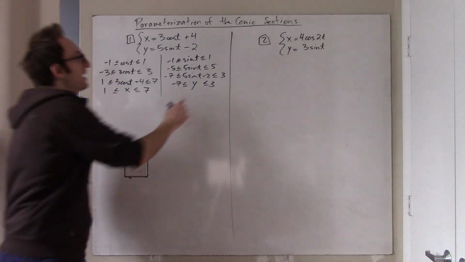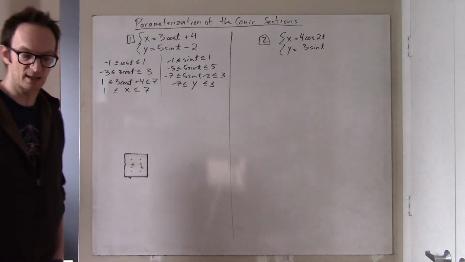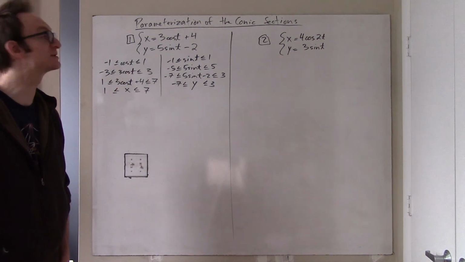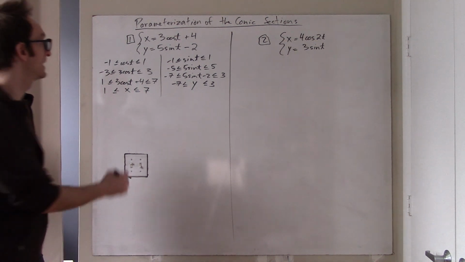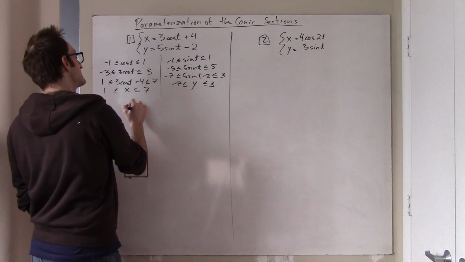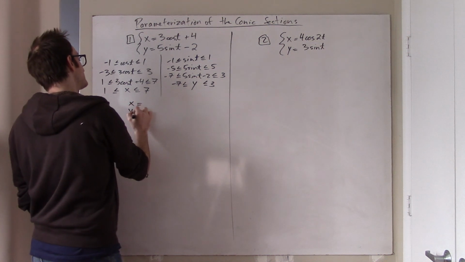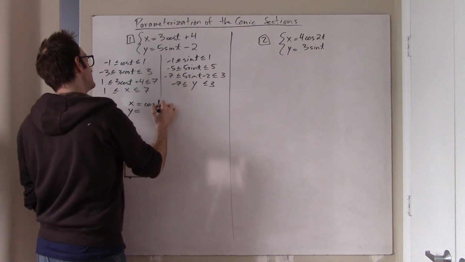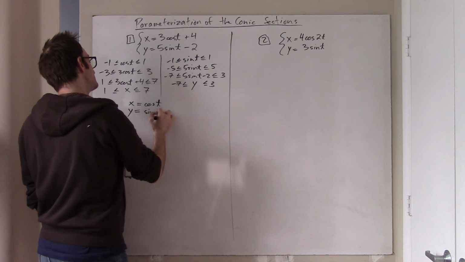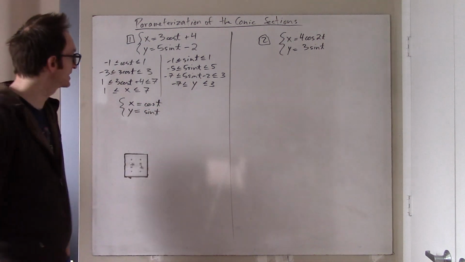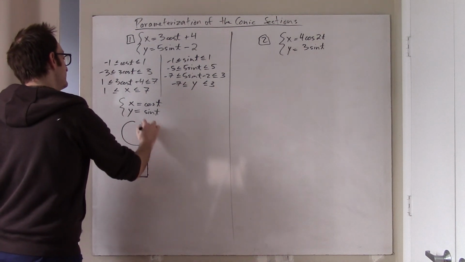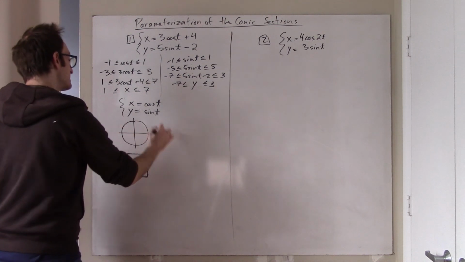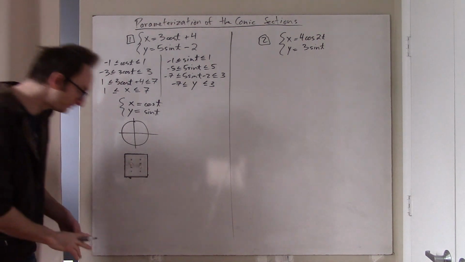And we stumbled upon this a little bit back in November, back when we didn't really know anything. The fact that we stumbled upon was that x equals cosine t, y equals sine t is the parameterization of the circle. And why? Because it's built into the very definition of sine and cosine.